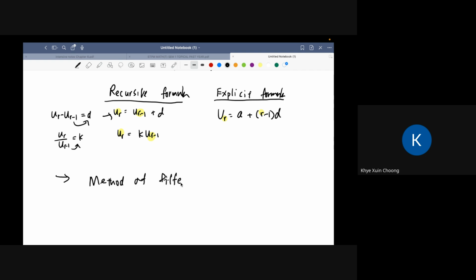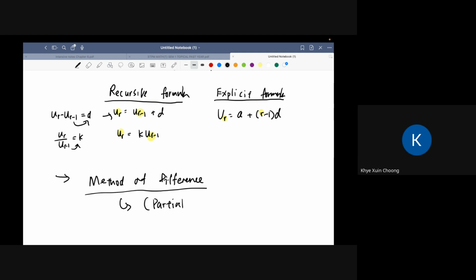Okay. So when you do method of difference, there is one thing that you need to know, which is how to express the fraction in partial fraction. It is something that you need to know before you can do the method of difference.